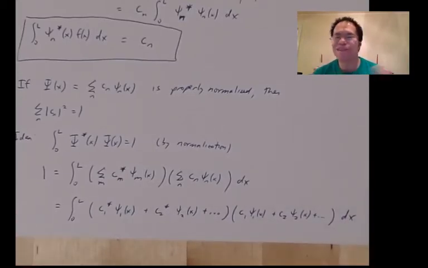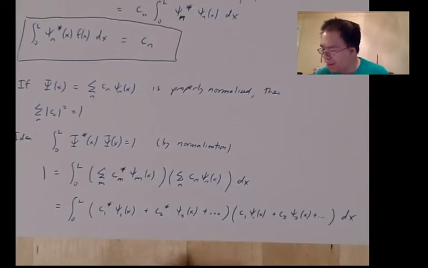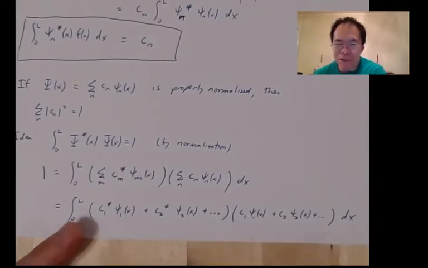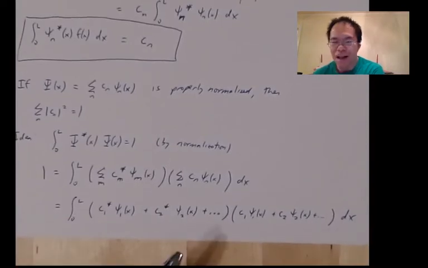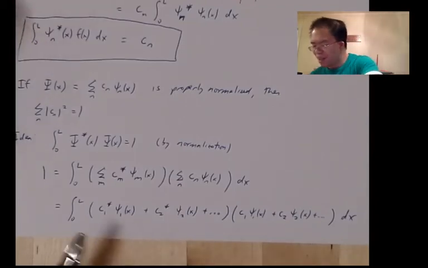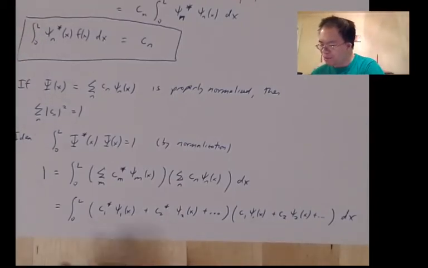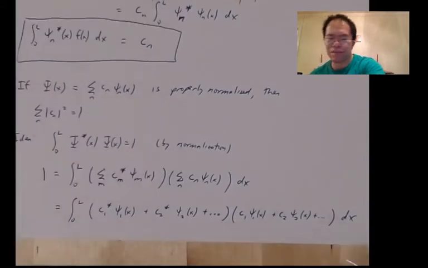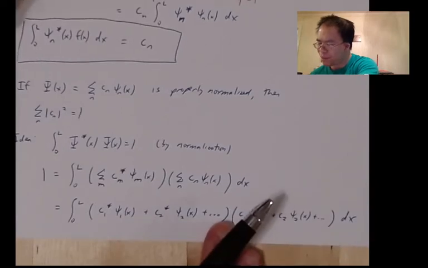Now this looks like a nasty, nasty mess, right? Because I have an infinite sum multiplying an infinite sum, but fortunately, it's not quite so bad because of orthogonality. So let's start writing out the product here, and I'll just write out the first couple of terms.